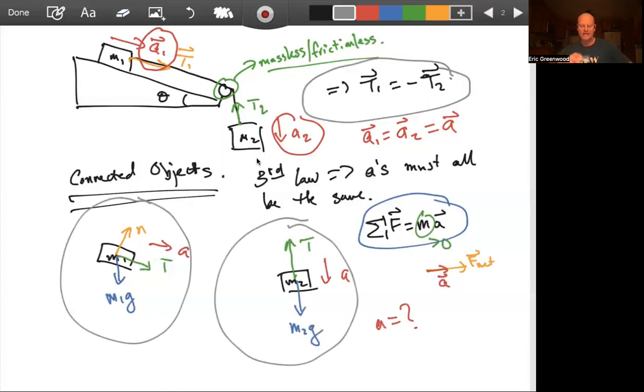But what's going to tell M1 about M2 is the tension, and what's going to tell M2 about M1 is the tension. So what's going to mediate the information about the two masses to each other is the fact that the tension exists. I'm going to use the fact that the two tensions are the same at some point once I write everything out. But in the beginning, I'm just going to leave everything in terms of the tension and then eventually use the fact that Newton's third law implies that these two tensions are the same.